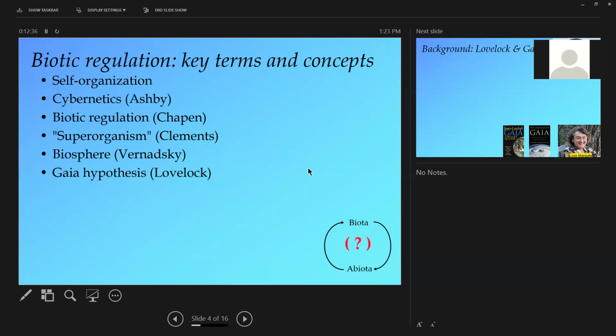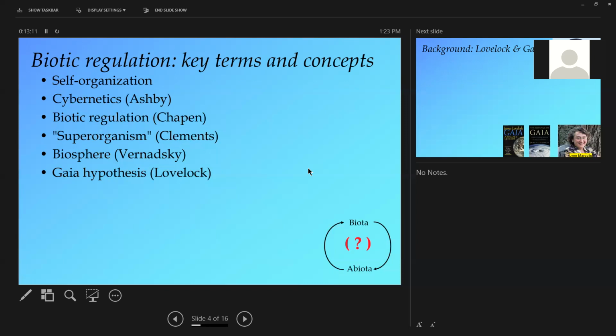So the Gaia hypothesis is this idea that the Earth is a self-regulating ecosystem. And I want to say a little bit more about Lovelock, because the model that we're going to explore and play around with today is used as a heuristic model for exploring how we can demonstrate that the idea of a self-regulating system doesn't involve any kind of magic or gods or anything like that.